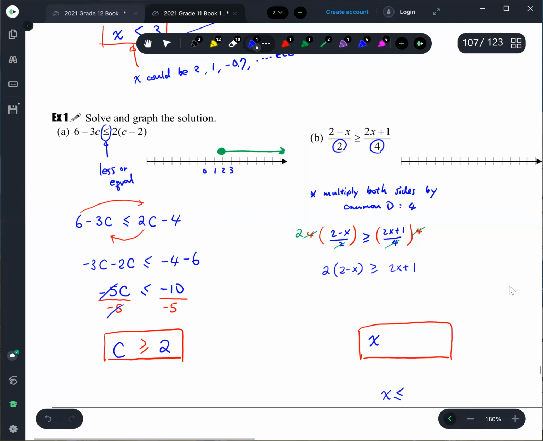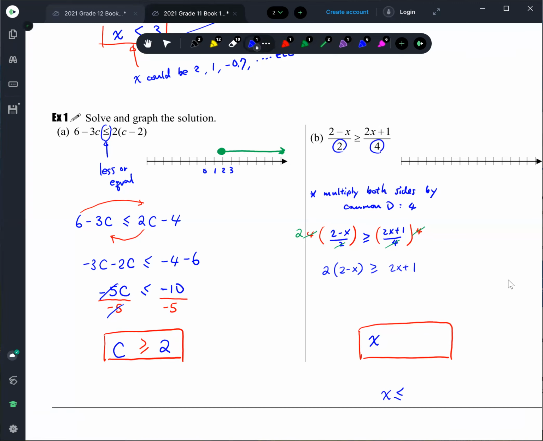Okay, Geoffrey, have you fixed it? I got negative 1/3. X is less than or equal to negative 1/3. Okay.